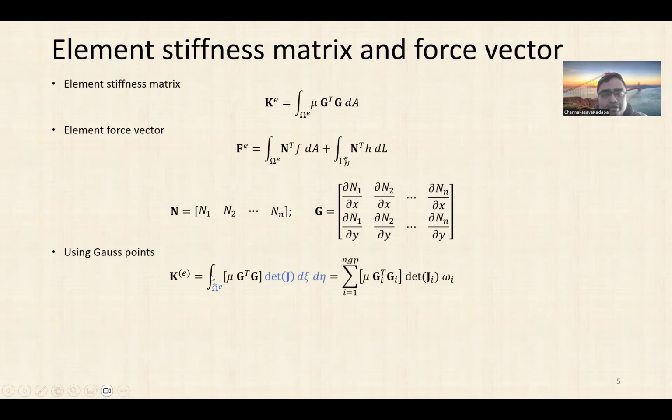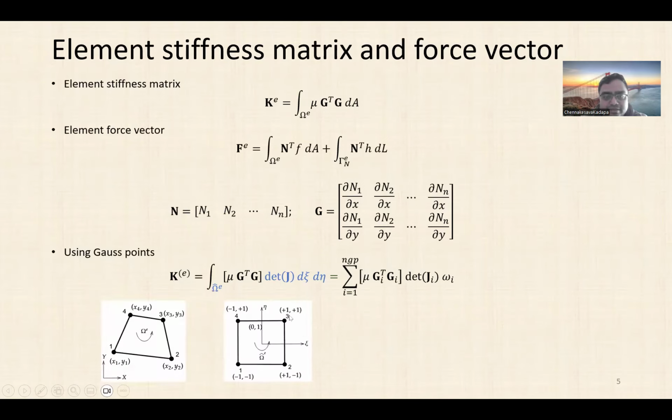So how do we do that? We transform the integral from the physical domain omega e to the element parent domain, that is the local domain omega hat e, and in omega hat e the integrals are in the xi and eta coordinate system. This is our local coordinate system for a 4 noded element.